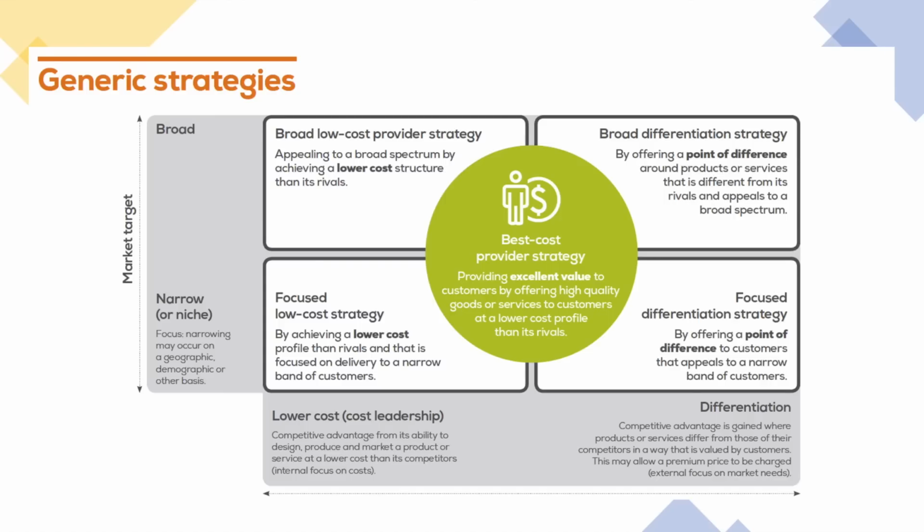So it's achieving a lower cost profile than rivals, and is focused on delivery to a narrow band of customers. What is the example? What do you think of? This example is, we can say, IKEA, the furniture.